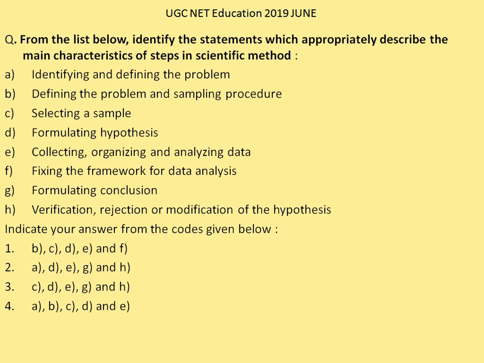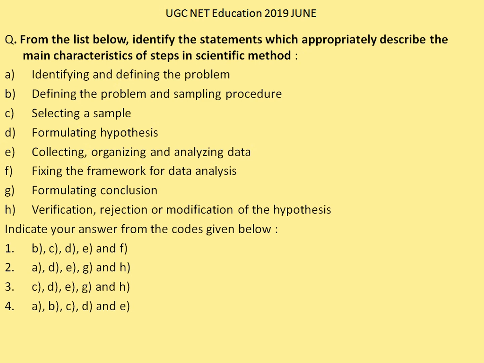I have added scientific method related questions. This question came in June 2019 UGC NET Education. The question is, from the list below, identify the statements which appropriately describe the main characteristics of steps in scientific method. You have to select the options which are the steps of scientific method.